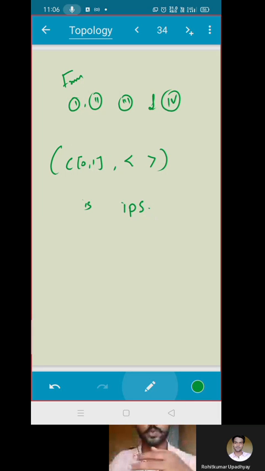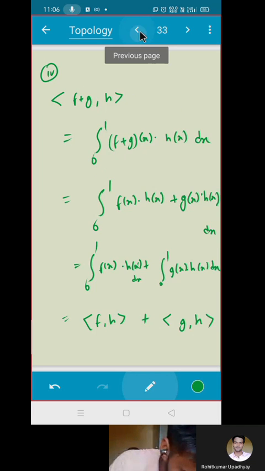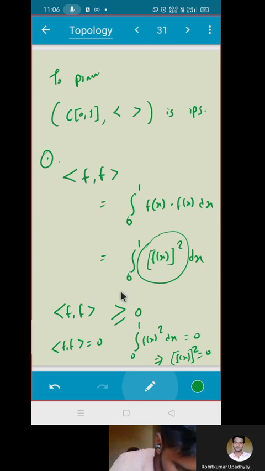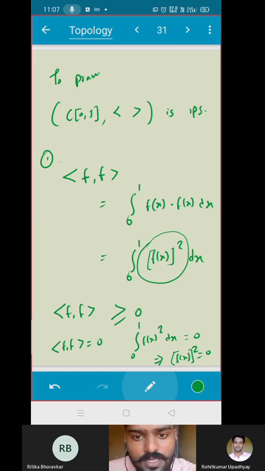Correct? See, it was just a 2-line proof. I did it together with you. We just required one thing, for that I have already proved it. In the first case, we required this: if your integral is 0, can you say what function is 0? That is only true if my function is positive, f square is greater than or equal to 0. Do you see that?